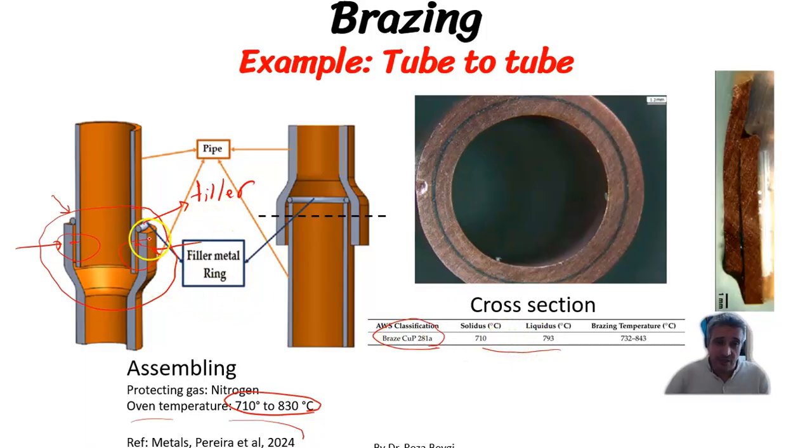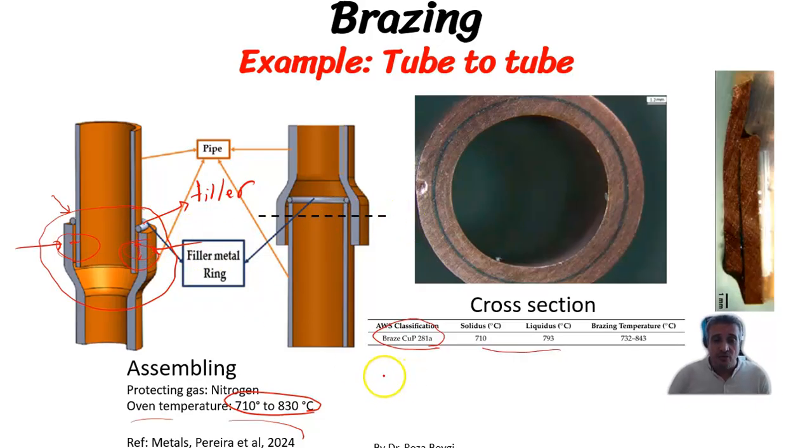It is important that the liquidus temperature of this filler material be higher than the solidus temperature of the base materials. We should avoid any melting of the base materials in this process. And when we reach this critical temperature, and when the filler material is melted, it flows into the gap.